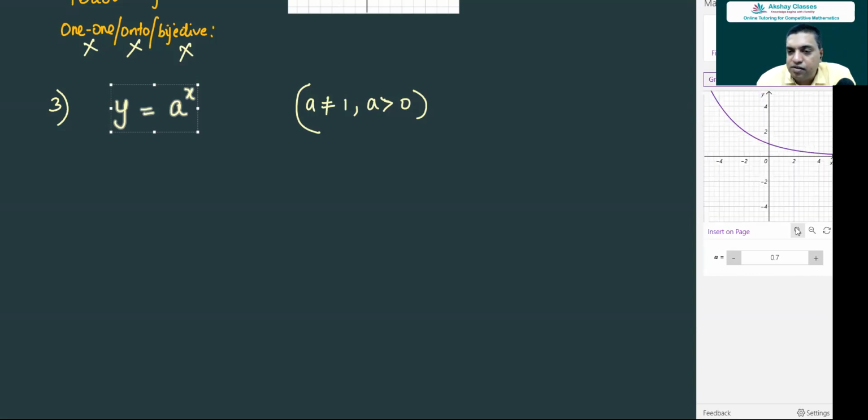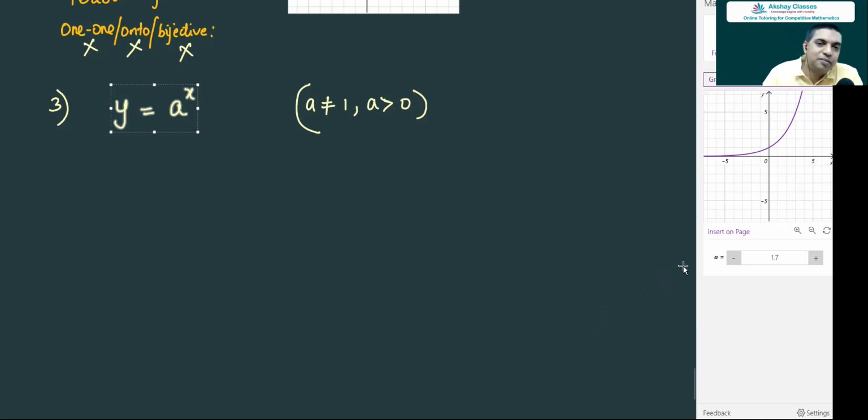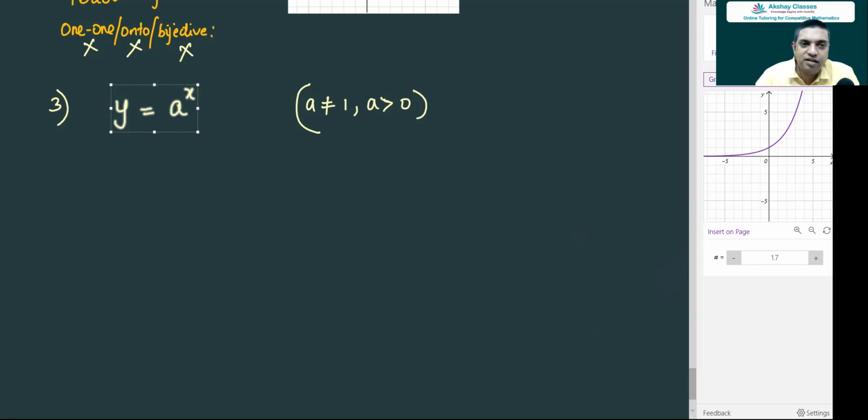I'll expand it so that we can see. Yeah, this is good enough. Now, this is equal to 1. When a is greater than 1, this is the curve. Real numbers behave very peculiarly. So, when a is greater than 1, a power x goes higher and higher.